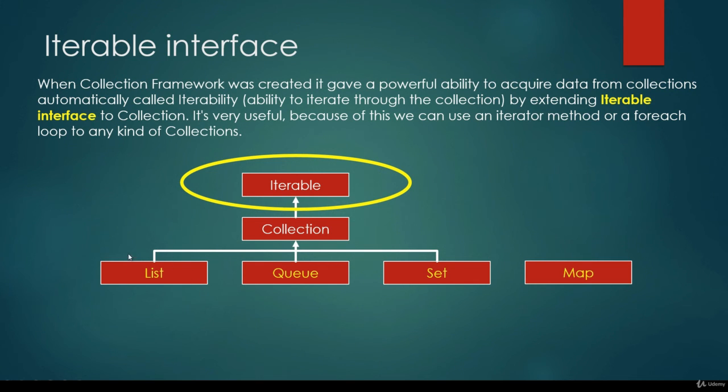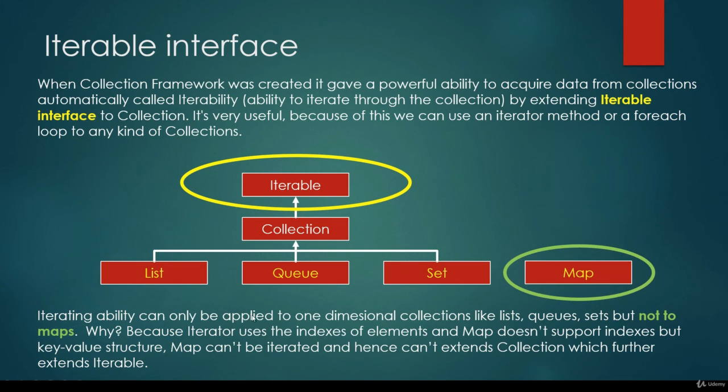So this is how we can iterate through a list, a queue, a set, which is quite a powerful feature. The iteration can only be applied to one-dimensional collections like lists, queues, and sets, but not to maps. You may pose the question why? Because an iterator uses the indices of items and a map doesn't support indices but key value pairs. So a map cannot be iterated and hence cannot extend collection, which further extends iterable. So this is the reason why maps are not collections.